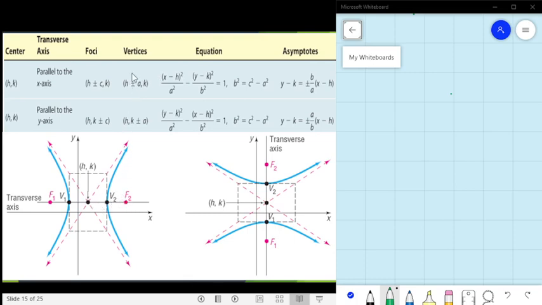So that's why the same situation ang HK ra imong gamiton, but you have to add or subtract A from your H and then copy your K.